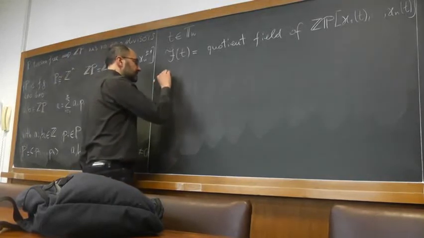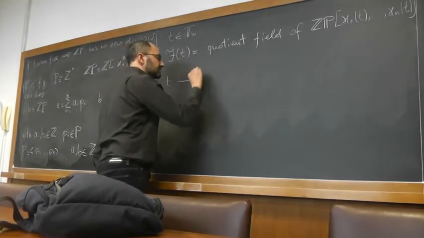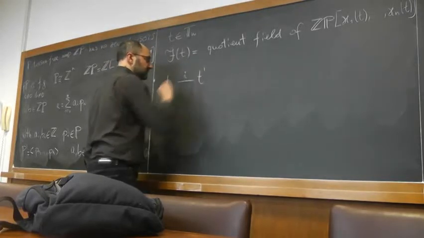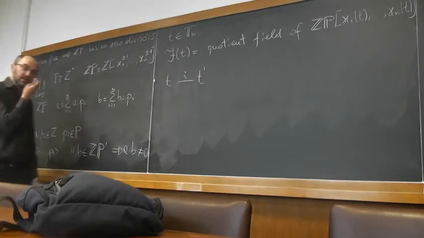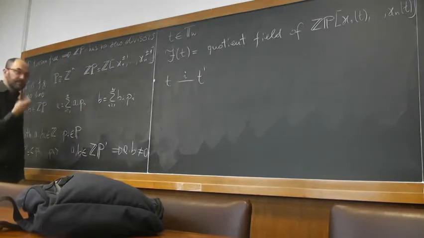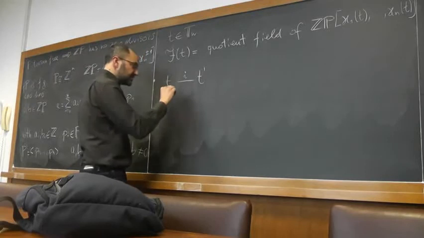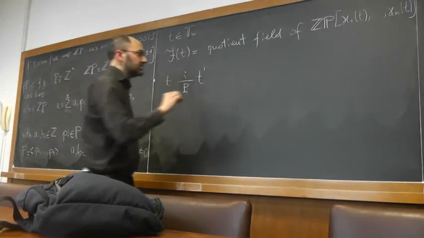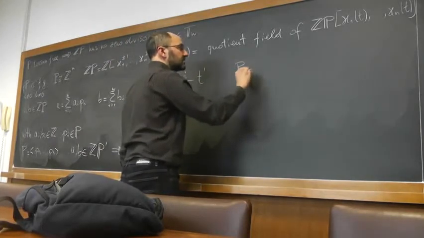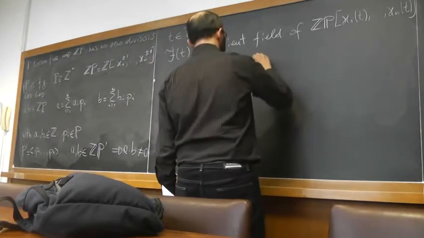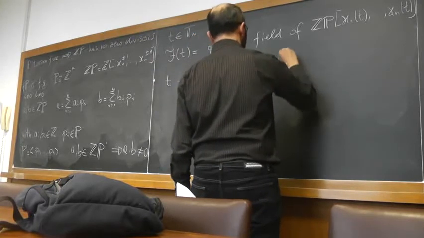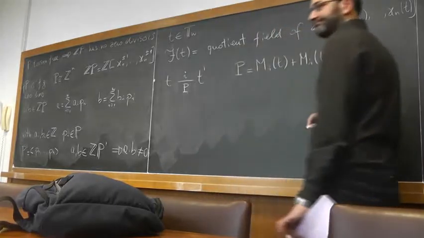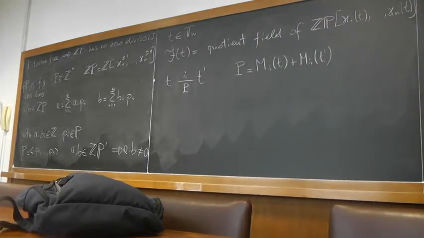Now, if we have two adjacent vertices, t and t prime, with an edge labeled by i, we sometimes write also a further index p, which is the sum of the two monomials. P, in this case, is the sum of the two monomials.